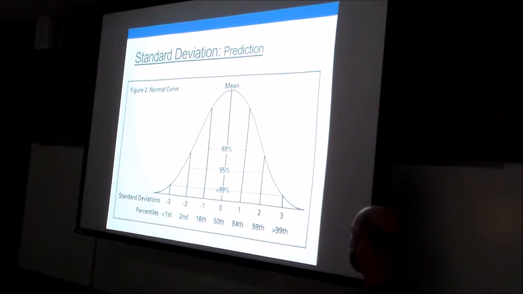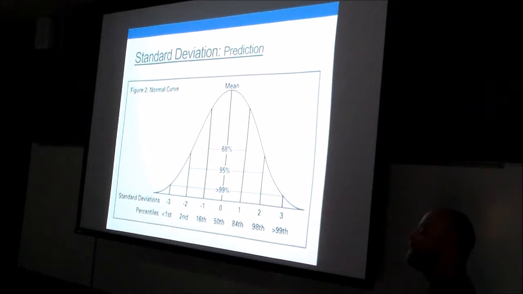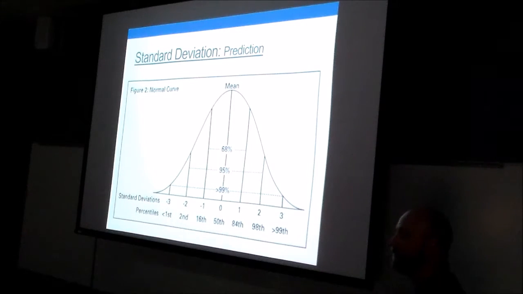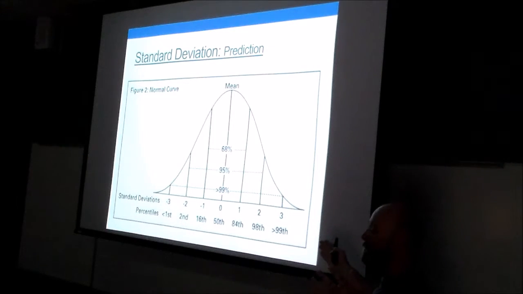And so if I'm talking about some sort of reasonably normal distribution, 68% of scores, about two-thirds, are going to fall somewhere between a standard deviation above and below the mean. If I go out just 2 standard deviations, I'm expecting 95% of the population to fall somewhere within 2 standard deviations, and over 99% to fall within 3 standard deviations.